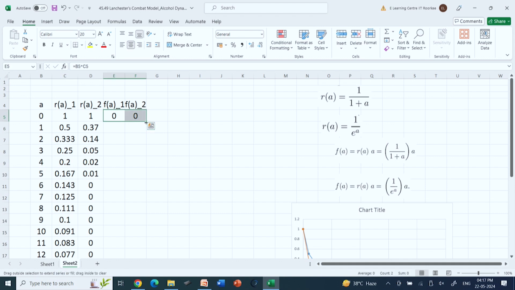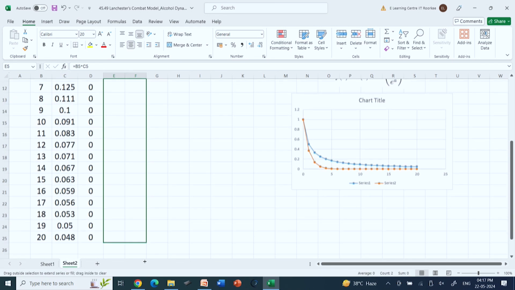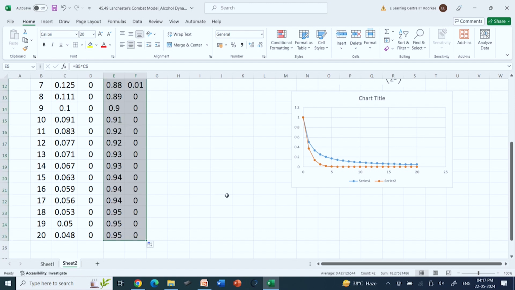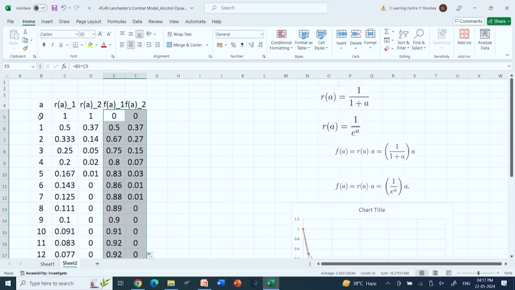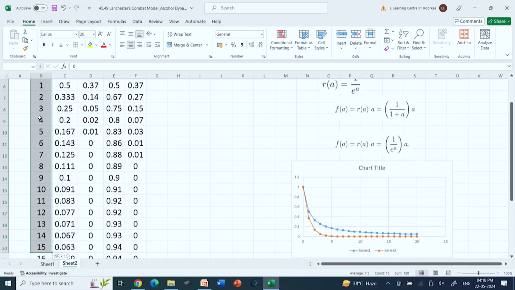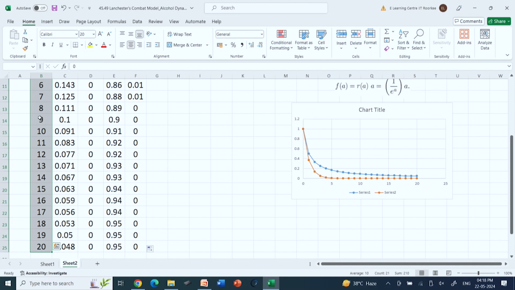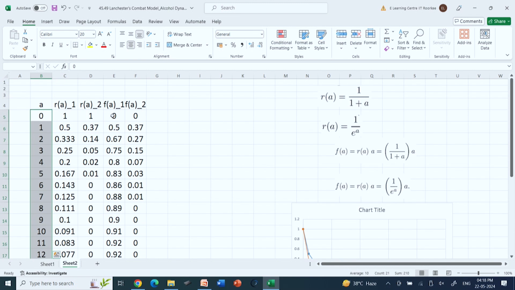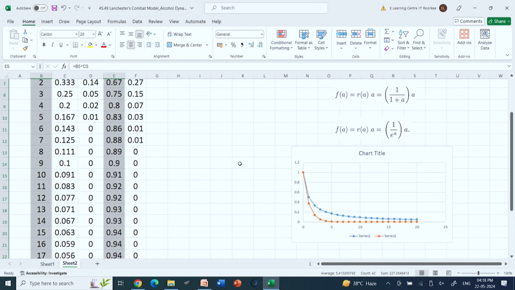So, let me drag them. If I now plot these two, to highlight the other two columns which are not side by side, you press the control and click, and then press the shift button and press the downward cursor key and they will all be highlighted.